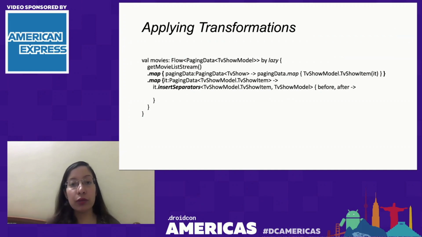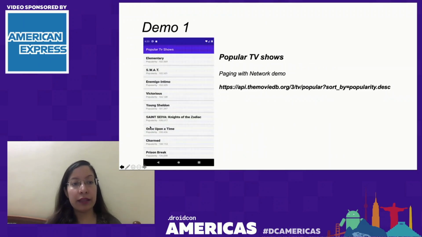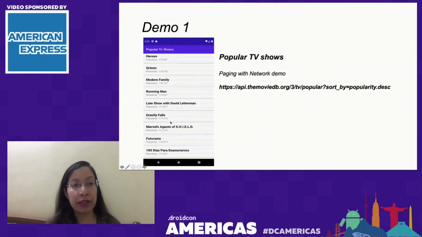So now, moving on to applying transformations. You can apply transformations like map, filter, and insert separators to your paging data stream, like you apply to your Rx stream or live data stream. Here I'm using the map transformation and then inserting separators. As you saw in the demo, most of the items are list items, but there is segregation in the list through separators.